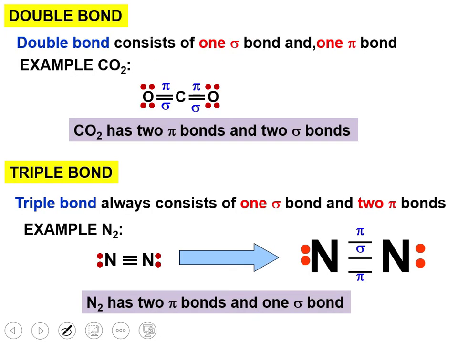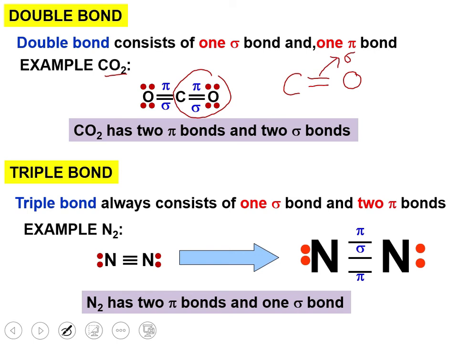Next, if you have a double bond, for example CO2, let's take one side. So C double bond O. The first bond that we make is a sigma bond, meaning that oxygen and carbon will overlap head to head, or end to end.